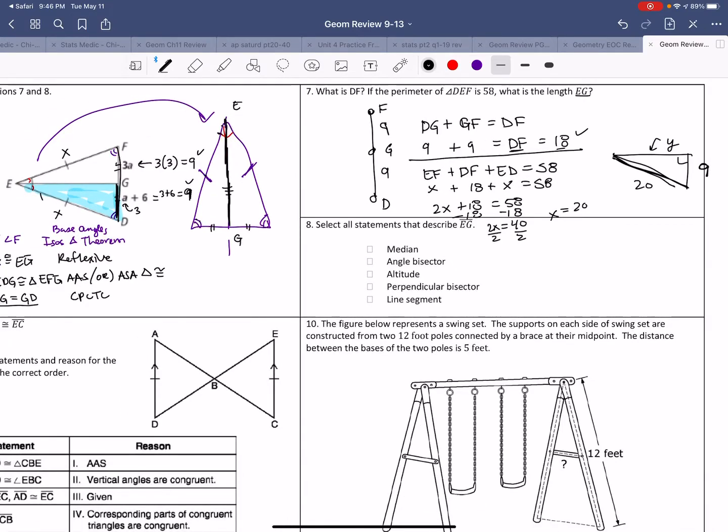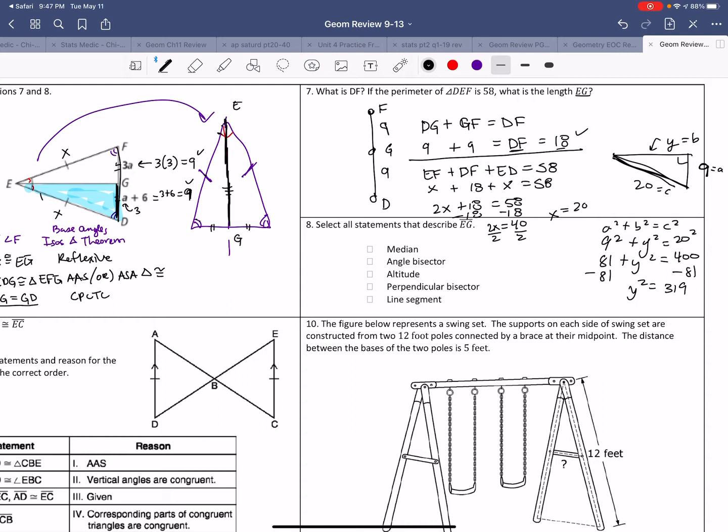I've got to do the Pythagorean theorem here, right? So A and B, ordering them least to greatest, A squared plus B squared equals C squared. 9 squared plus Y squared, or B squared, doesn't matter what letter you use to hold its place, equals 20 squared. Subtract 81. 319.